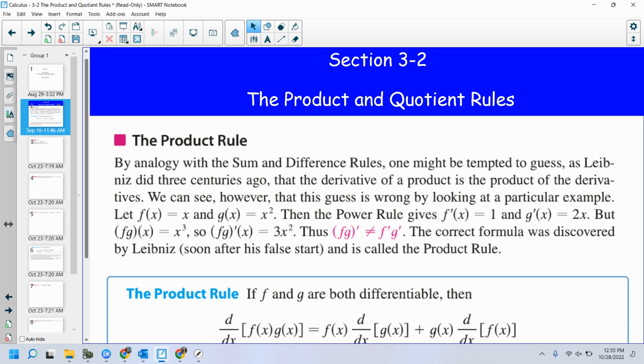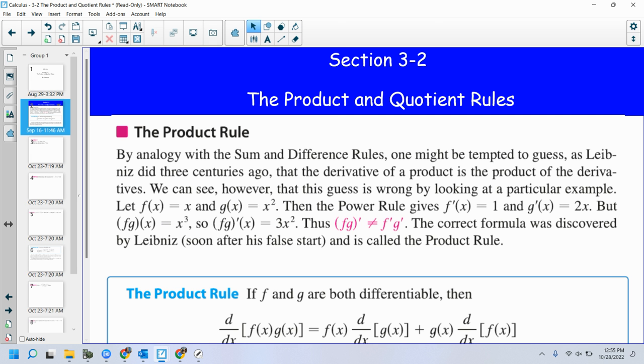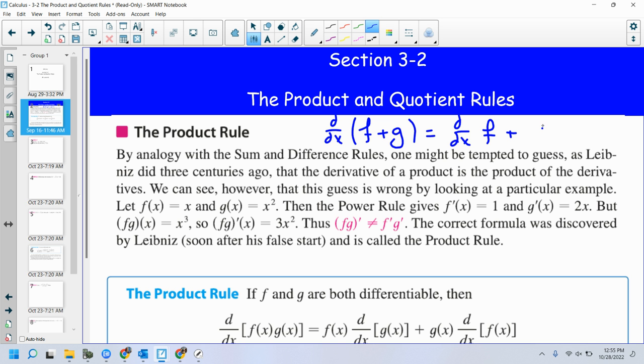But he theorized that just because d over dx of f plus g is d over dx of f plus d over dx of g, it makes sense that the same would be true for multiplication. He thought that was true, but a very basic example can be a counterexample.